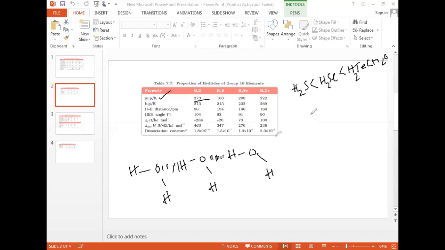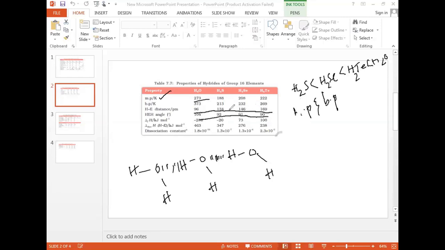Even if you see the boiling points, the melting points as well as boiling points follow the same trend here. Bond distances increase down the group, and bond angles decrease down the group.